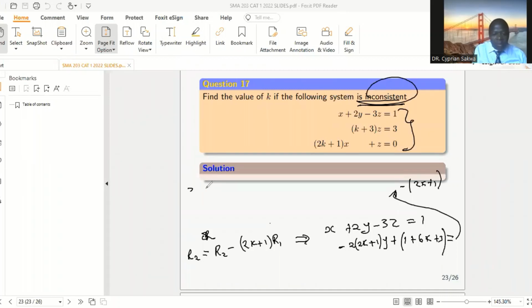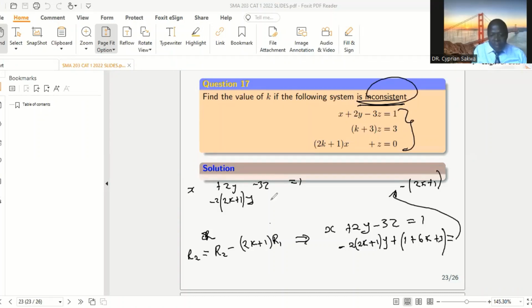So this is x plus 2y minus 3z equals 1. This is negative 2 into 2k plus 1 y.